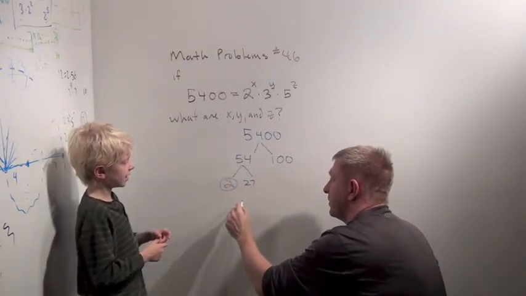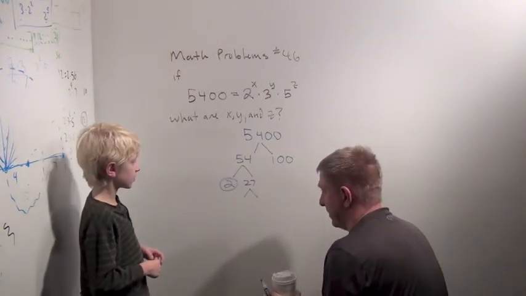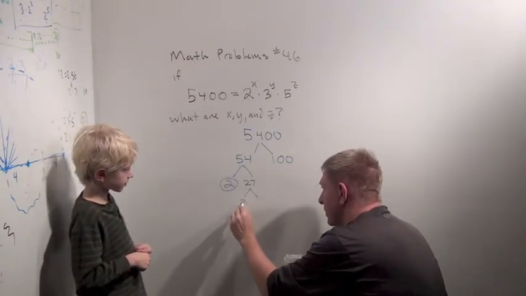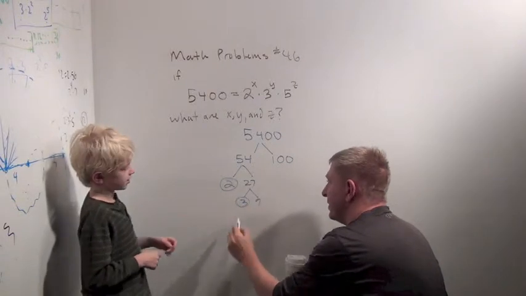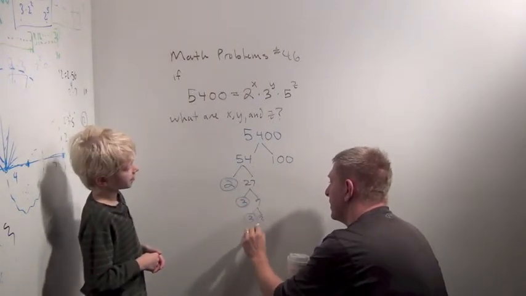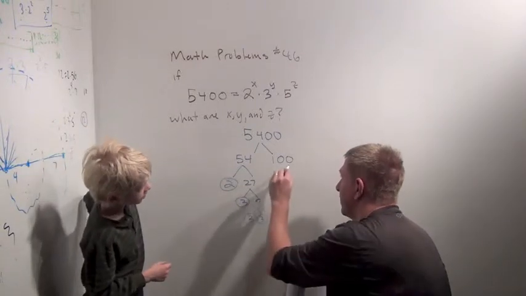Hey, there's a prime. How does 27 factor? It's 3 times 9. Hey, there's a prime. And now 9 is 3 times 3. But we've still got another branch over here.